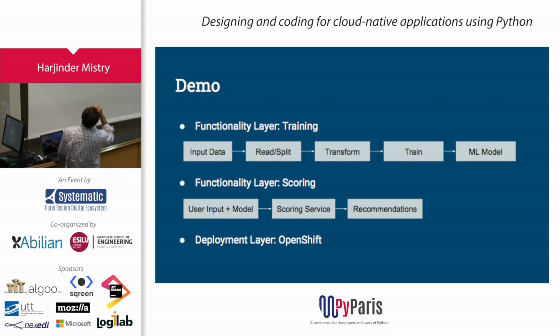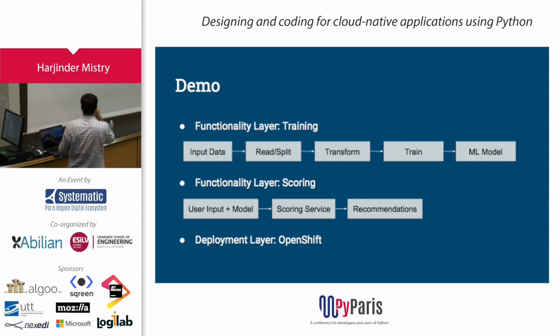As you can see, this is the main functionality. I'm calling it model.py. It has four main APIs. One is train, which takes the URL of source data and then trains the model, stores, and returns that model.